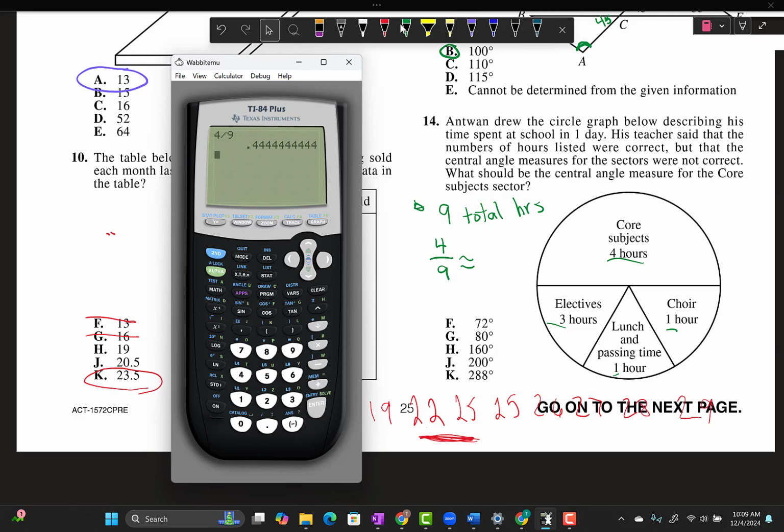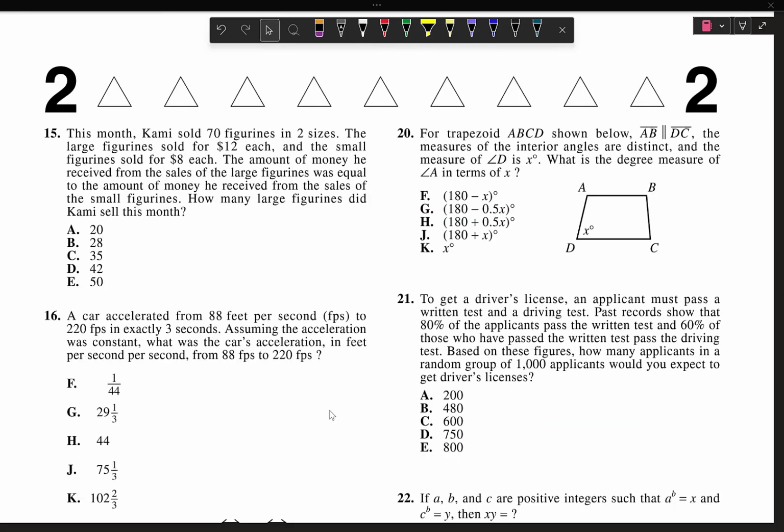It's equivalent to 0.44, which you'll notice is not a selection here, because we're talking about a circle. And a circle has 360 degrees. So we're going to multiply 0.444 by 360 to give us the angle measure of 160 degrees.